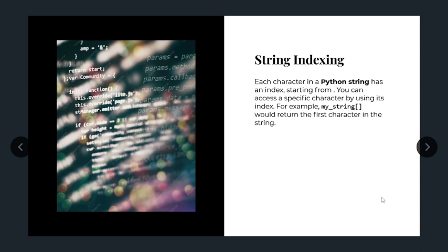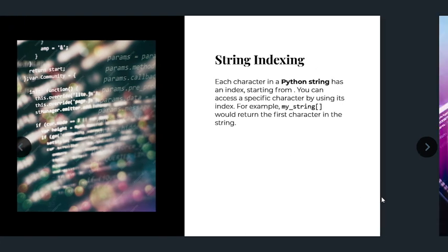String indexing simply means you want to see the position of some of the letters in the array or in the list. That is what indexing means. The first index is always 0, just like lists or arrays in Python.